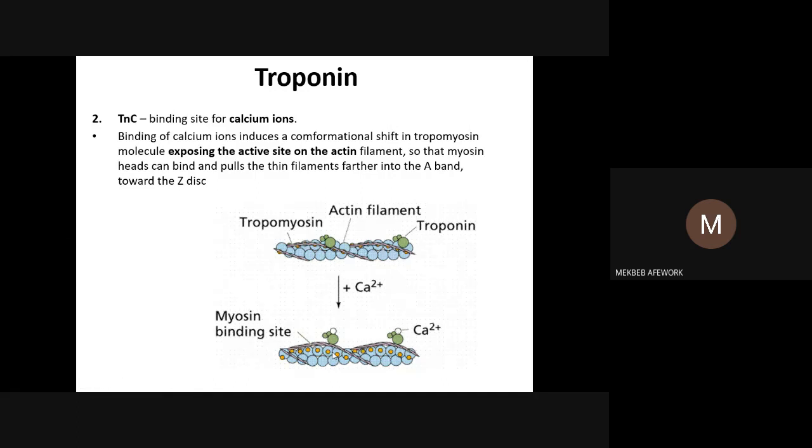So that's why we need calcium ions for muscle contraction. When there is no calcium ion, tropomyosin would not be uncovered. But when calcium ion is available, tropomyosin would show conformational changes and it would be uncovered.